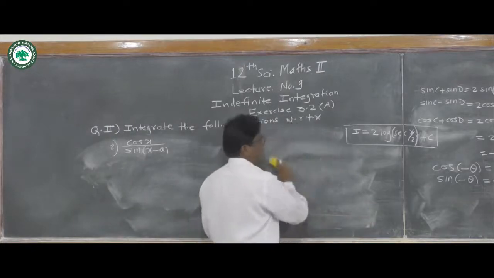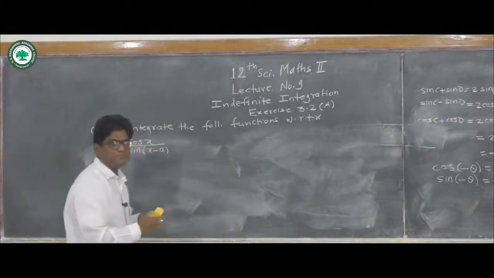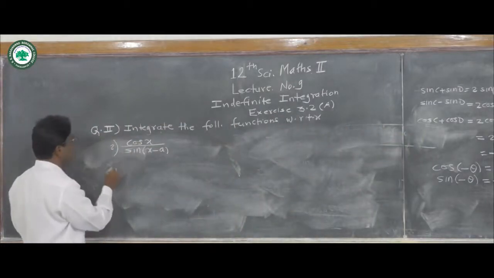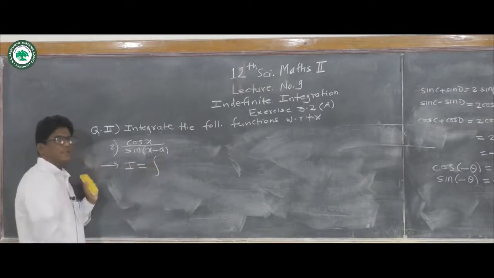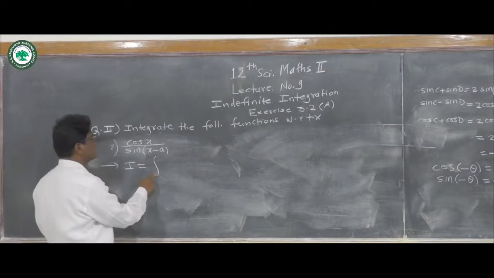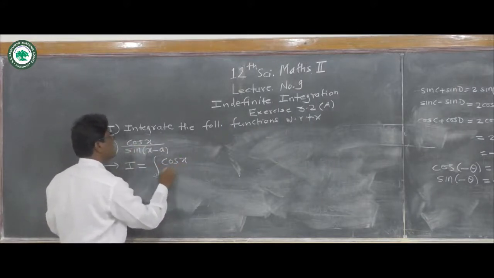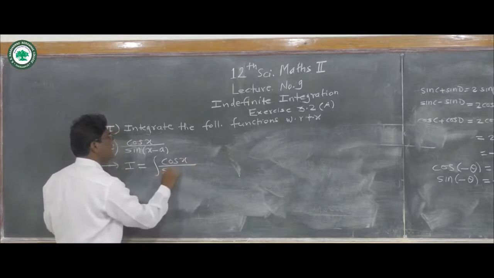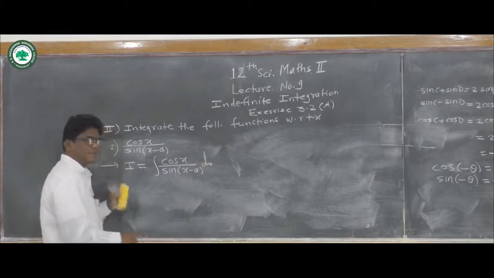We call this given problem I. Let I be equal to the given problem: write the symbol of integration and write the problem as it is, cos x upon sin of x minus a, dx. Now how do we solve this?